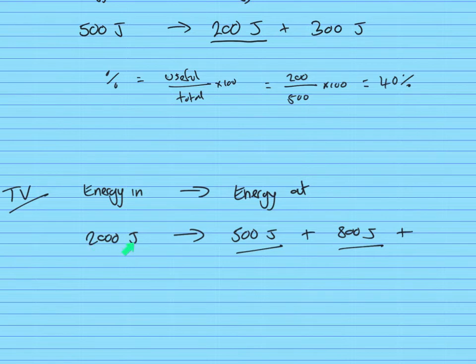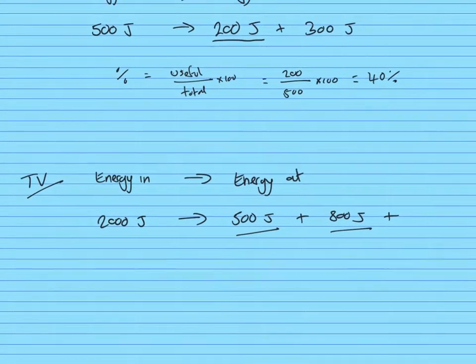So there's 2000 joules going in, which for a TV was electrical. Then I've got 500 joules as, let's say, light. Then I've got 800 joules as sound. These two are useful because I've underlined them. But there was a wasted energy, wasn't there? There was heat.